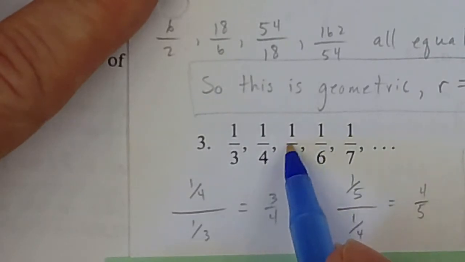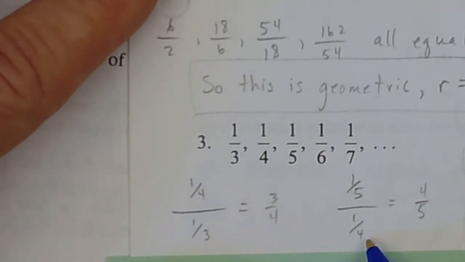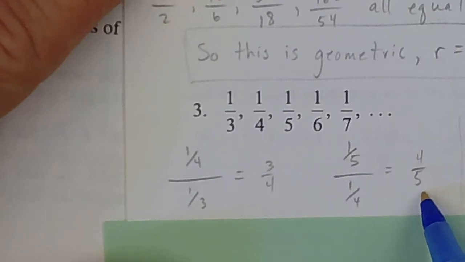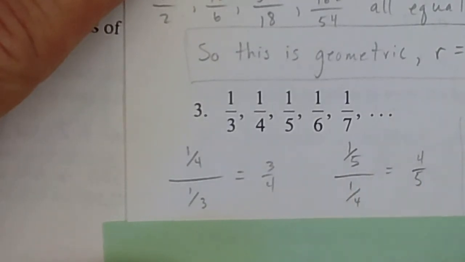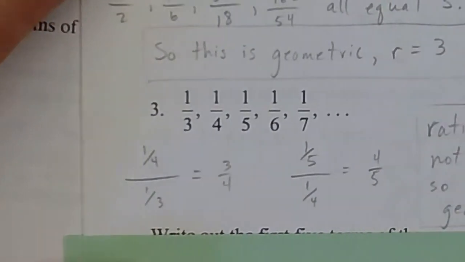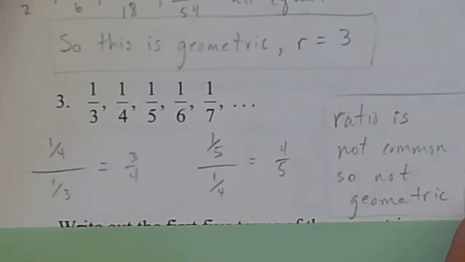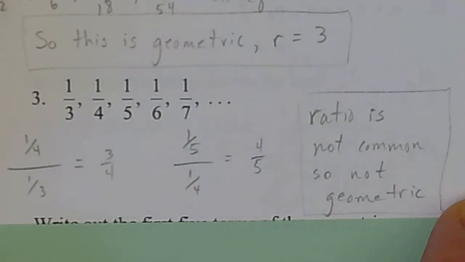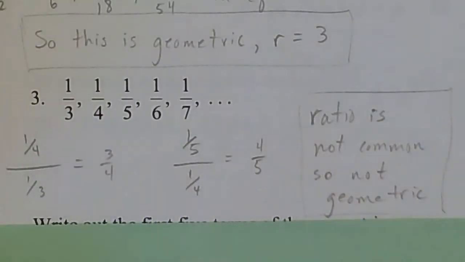Then if I take 1/5 and divide it by 1/4, it gives me 0.8 or 4/5. These are not common, so we would not say that is geometric. So I put the ratio is not common. I can stop there. I don't need to keep checking. It's not geometric.